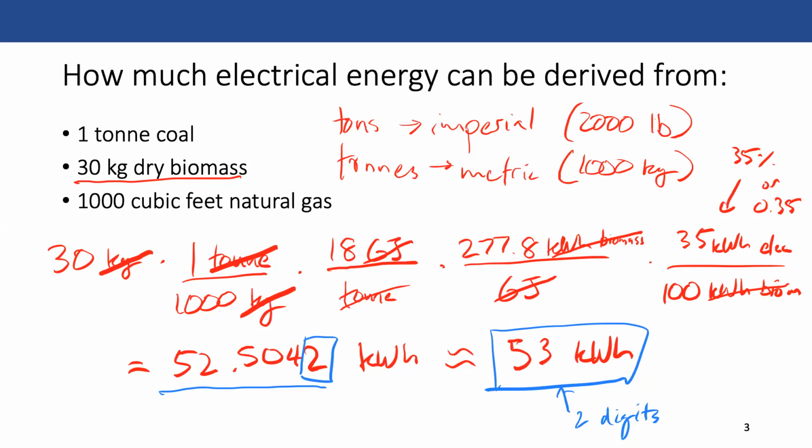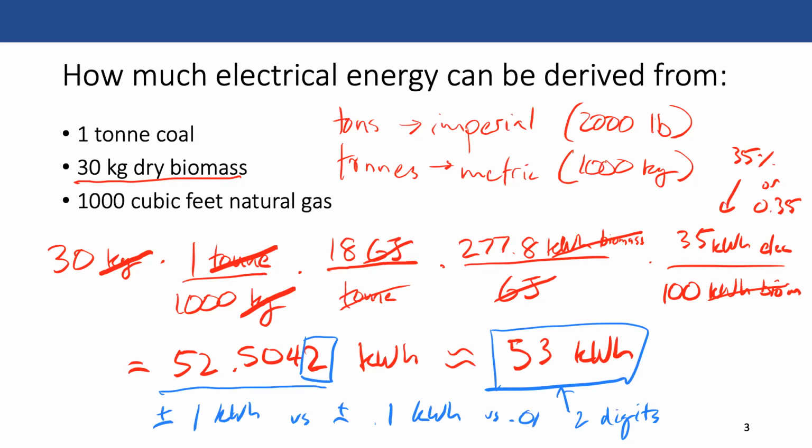And so there's some uncertainty here. If this could vary by plus or minus 1 kilowatt hour versus plus or minus 0.1 kilowatt hour versus 0.01, that is telling a fairly different level of precision in my answer.